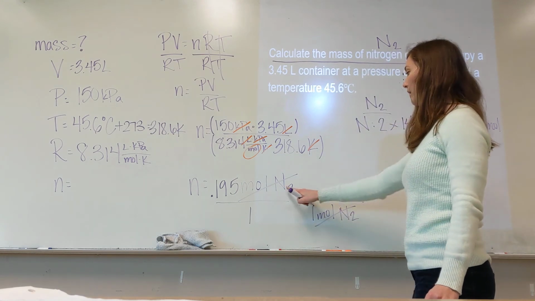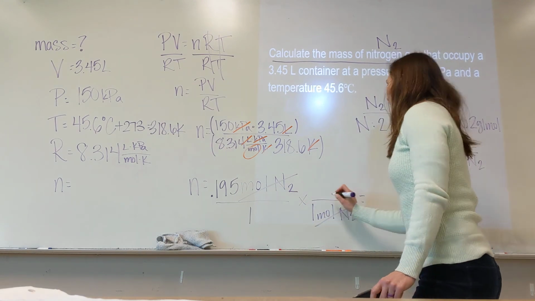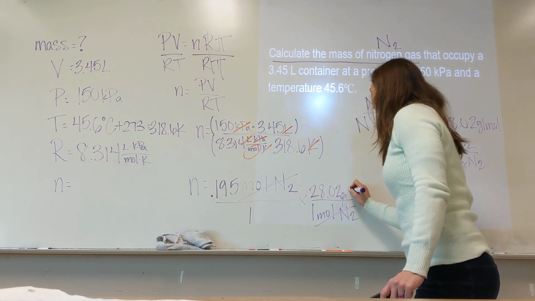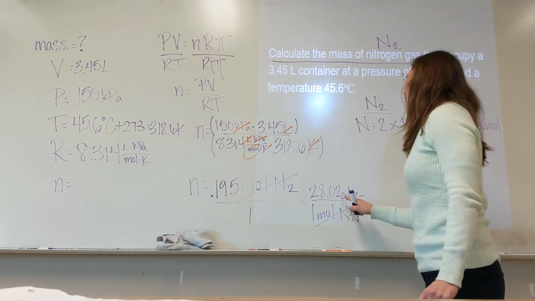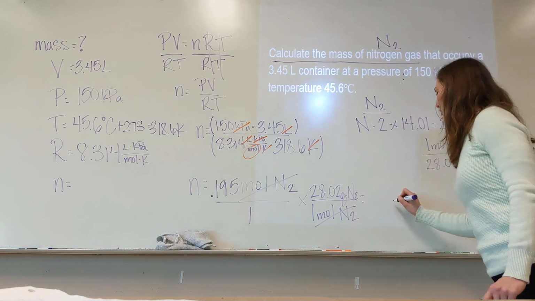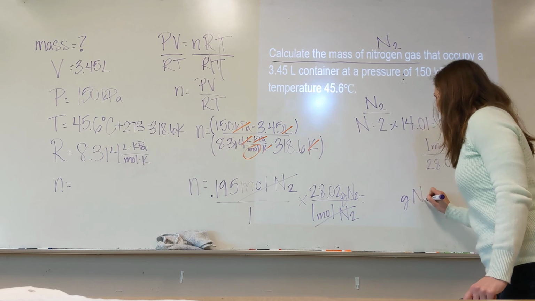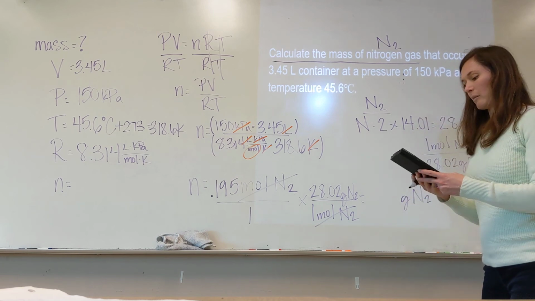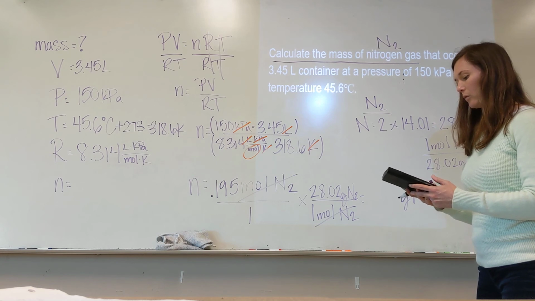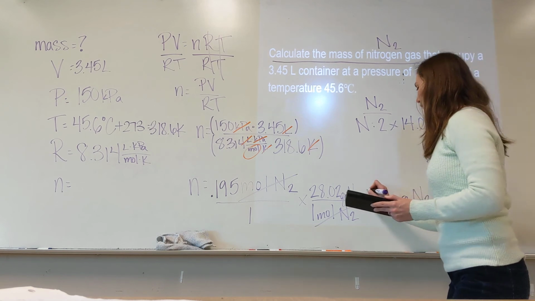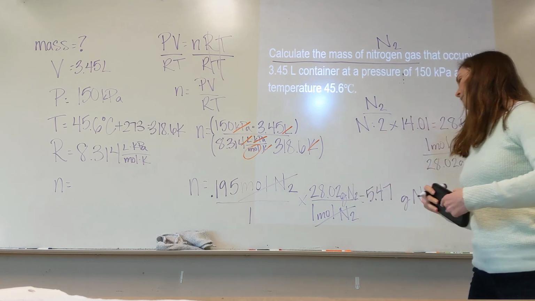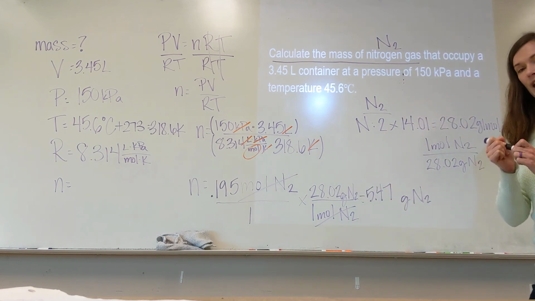Moles of N2 cancels with moles of N2. My 28.02 grams of N2 will be on the top. Since that doesn't cancel with anything, that's going to be the unit that I'm left with. So I take my 0.195 multiplied by 28.02, and I get 5.47 grams of nitrogen gas.